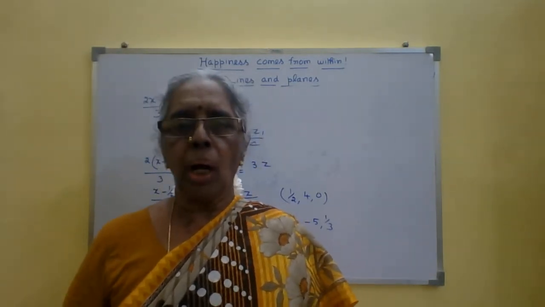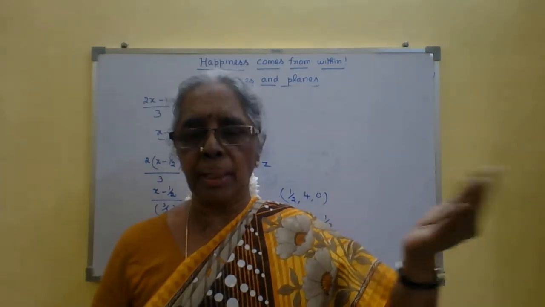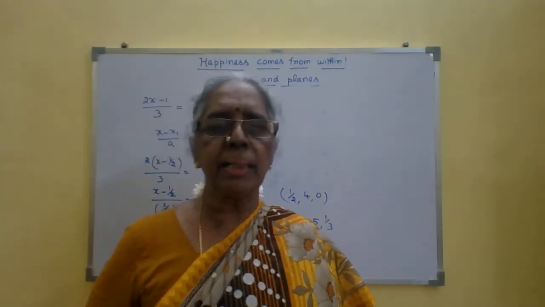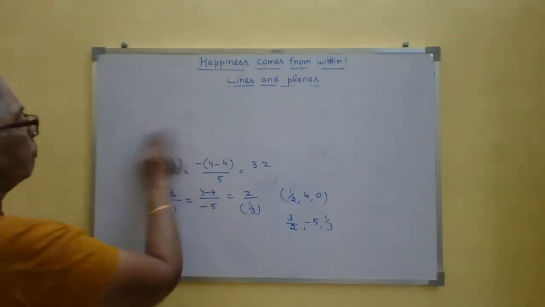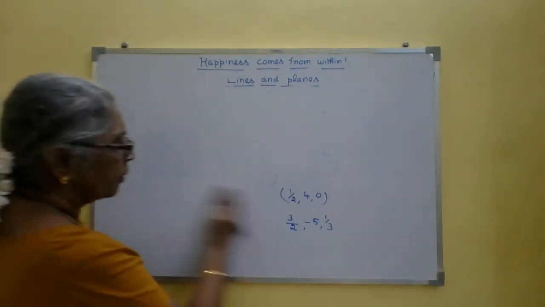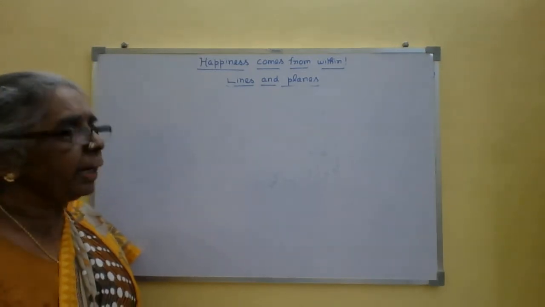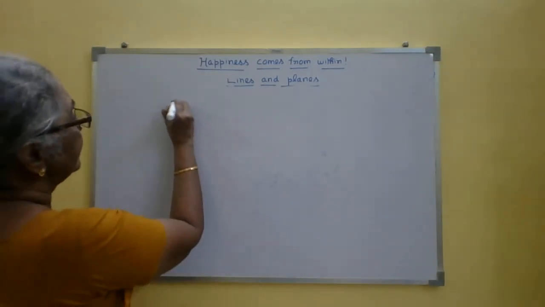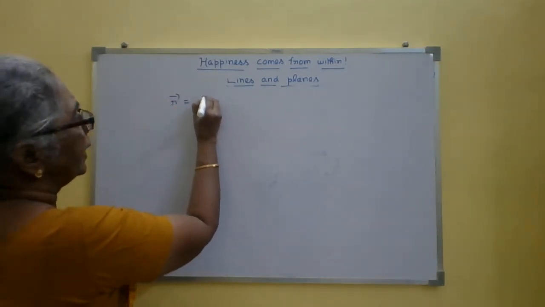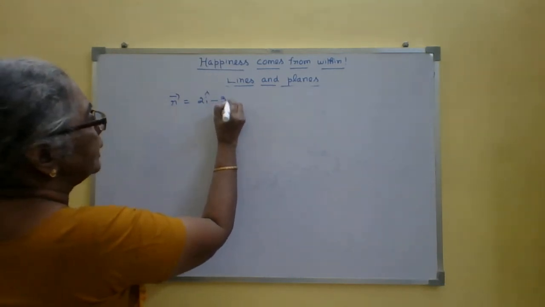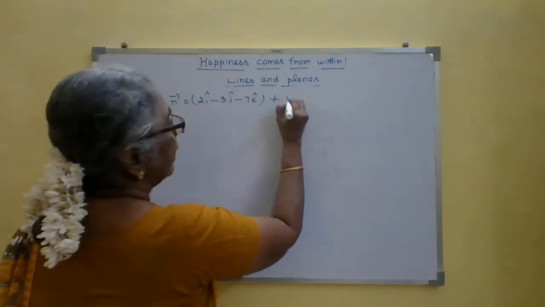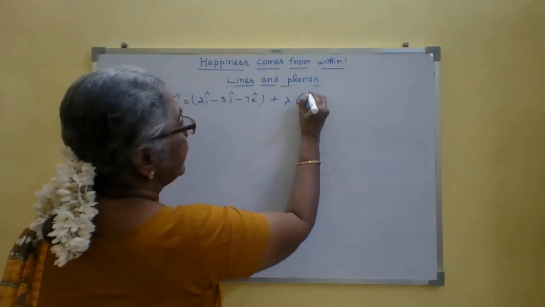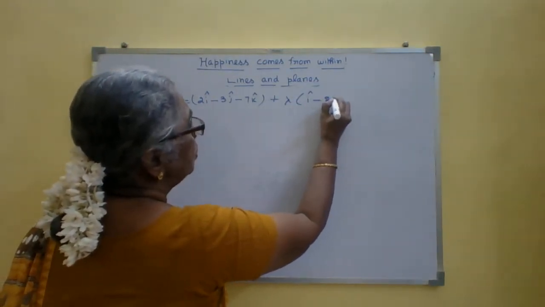You should know how to convert a vector equation to a Cartesian and a Cartesian equation to vector form. Let us see how to do that. So let me consider some equation. r vector is equal to 2i cap minus 3j cap minus 7k cap plus lambda into (i cap minus 2j cap).